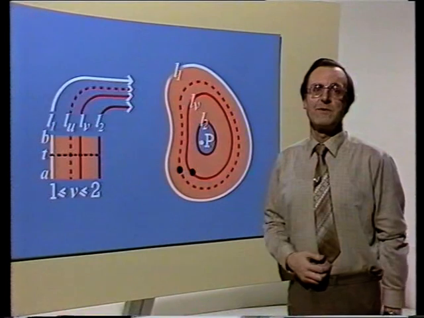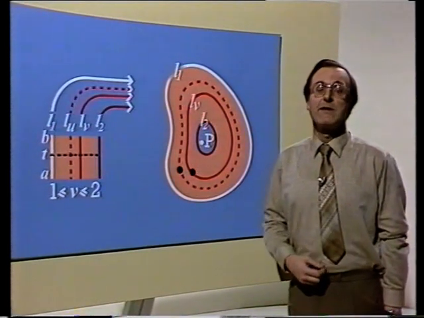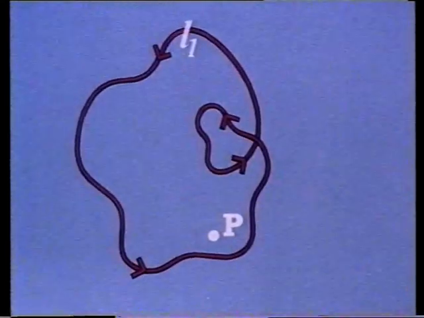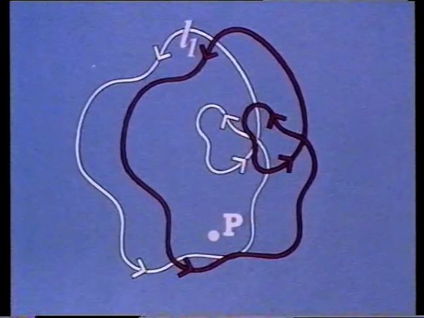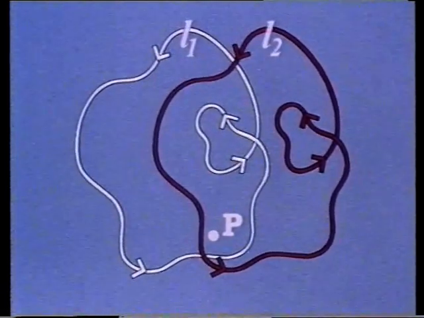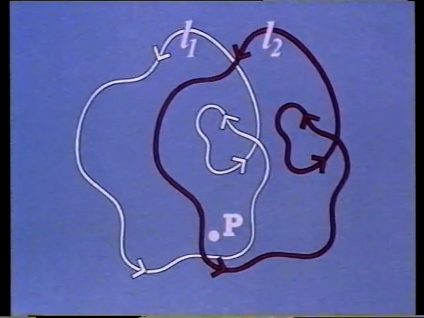Let's now look at some more. A simple type is just ordinary translation. If we take an image curve L1 and translate it without crossing the point P, then L2 is homotopic to L1 and hence has the same winding number.